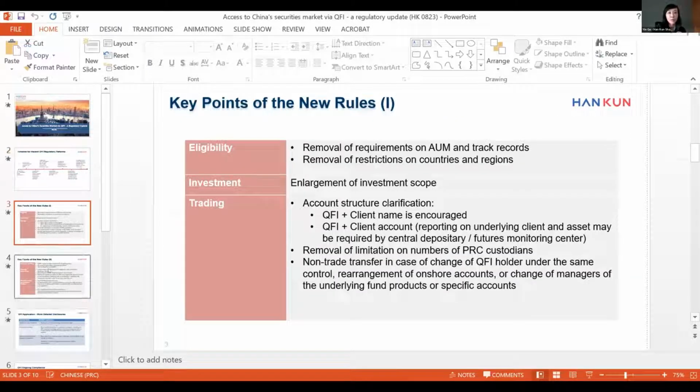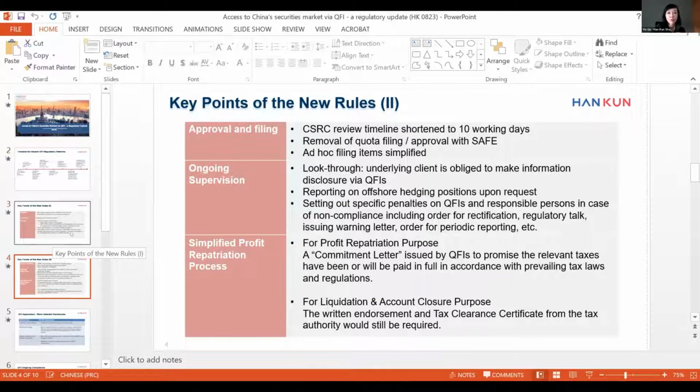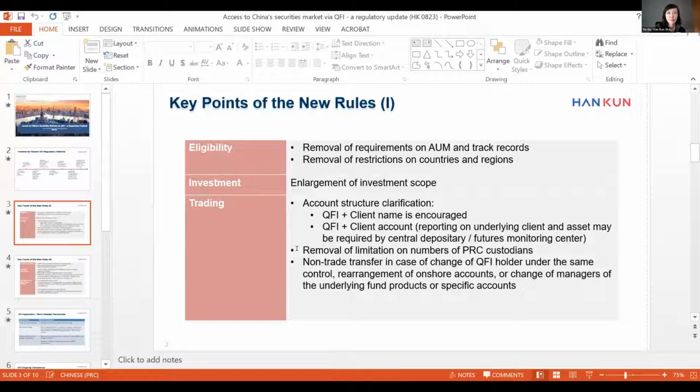And then I will quickly cover the key points of the new rules. I'm sure some of them are already covered in the earlier parts. Again, to make the application easier for the foreign investors, most of the hard requirements have been removed.